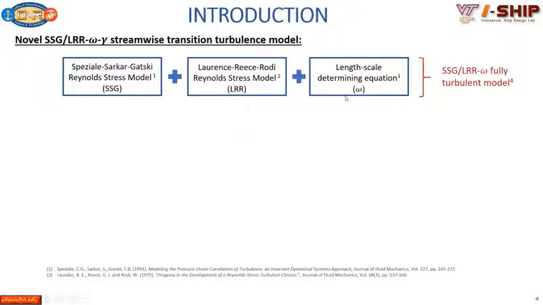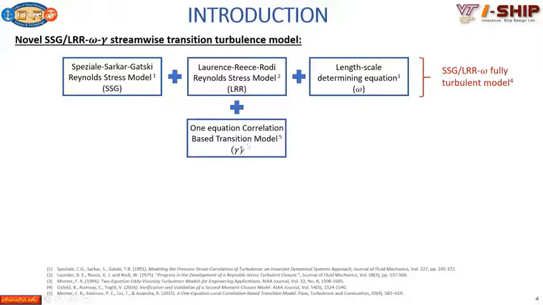And the system is closed using the length scale determining equation omega to give the final fully turbulent SSG LRR omega model. Now, this fully turbulent model is then coupled with the one-equation gamma transition model, which was introduced by Menter that I mentioned in the previous slide. This altogether gives the SSG LRR omega gamma model.